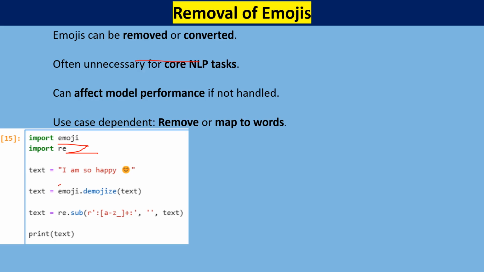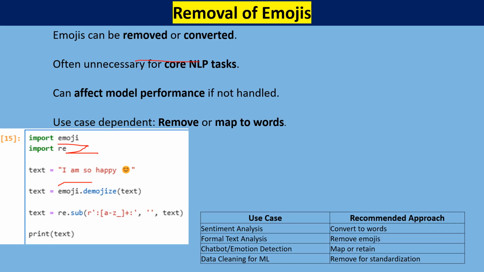This helps standardize the text for machine learning models that are not trained to interpret emojis. But in some use cases like sentiment analysis, converting emojis into meaningful words like happy or smile might be more valuable than removing them. So, I am so happy.